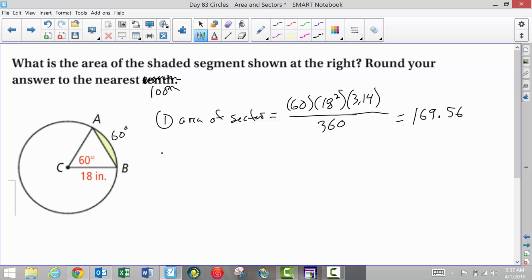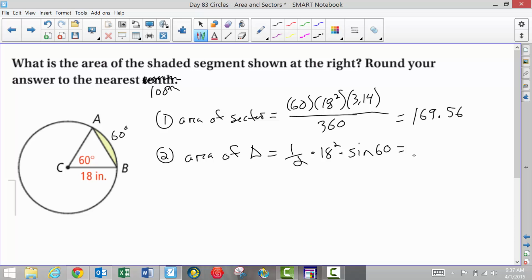Second step, I need area of a triangle, which is going to be half times my radius squared times sine of my arc measure. My arc measure is 60. Make sure your calculator is in degree mode. So you have a half times 18 squared times sine of 60.